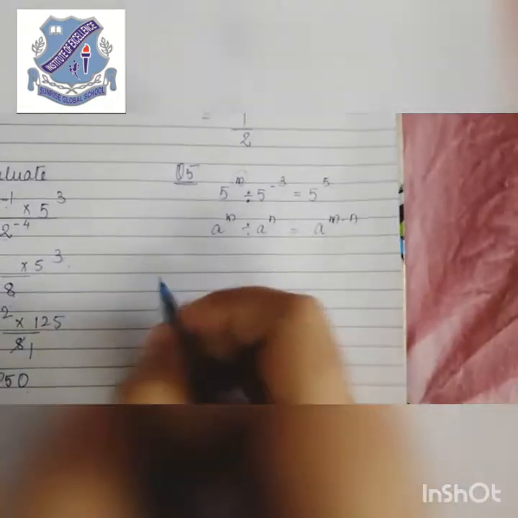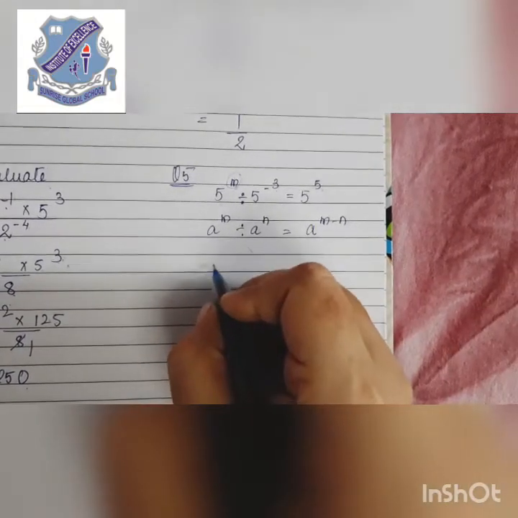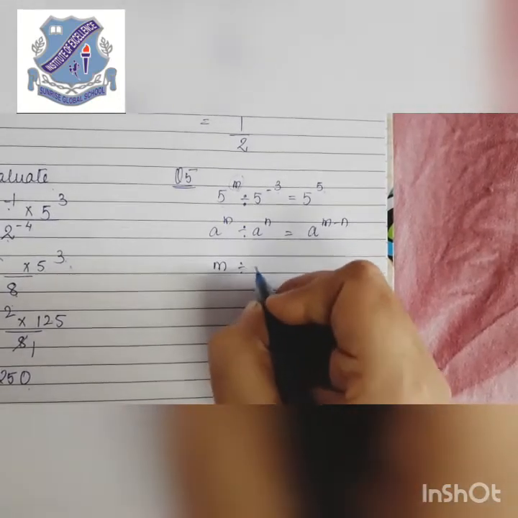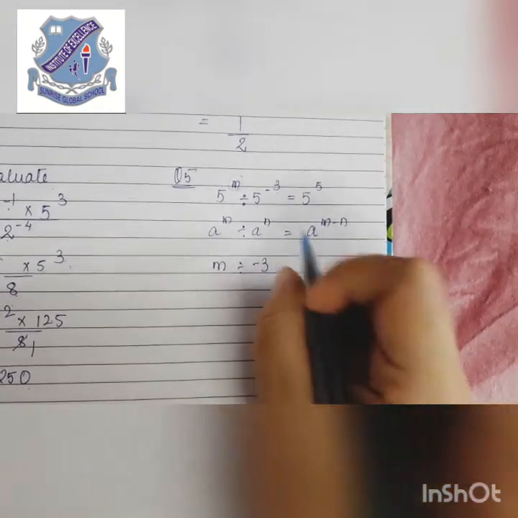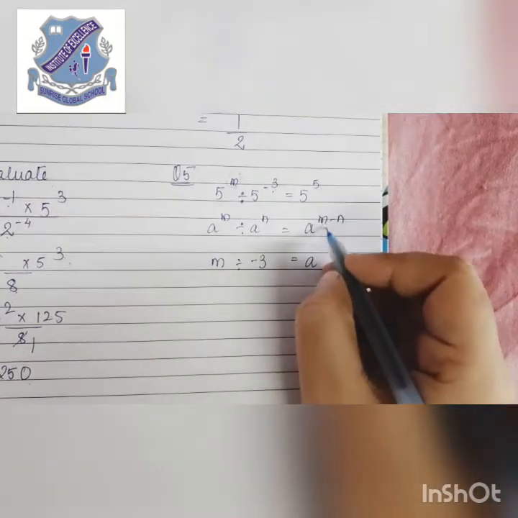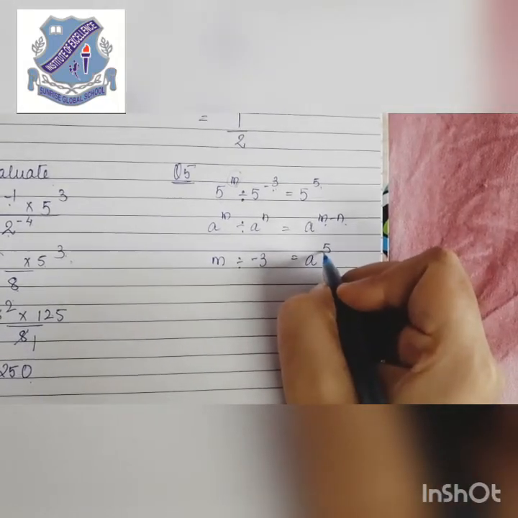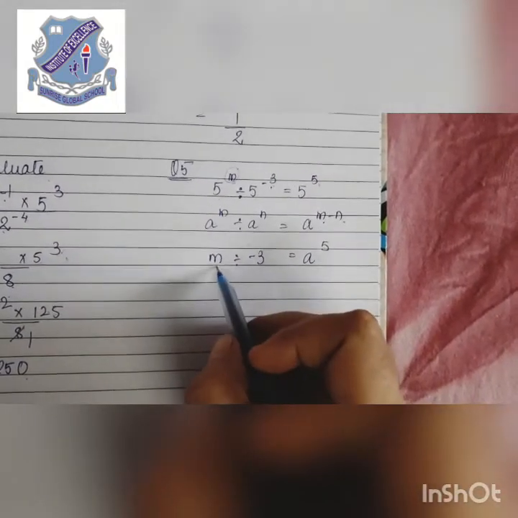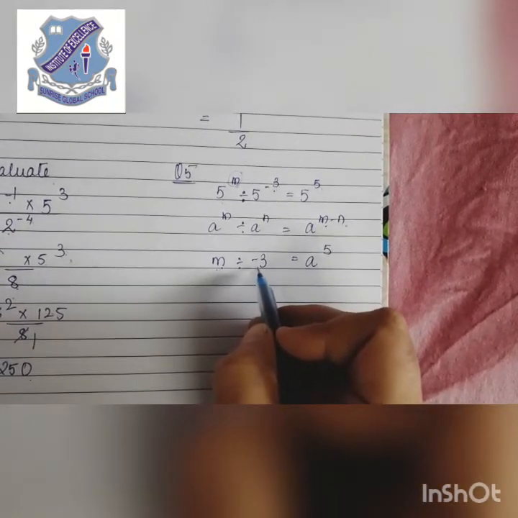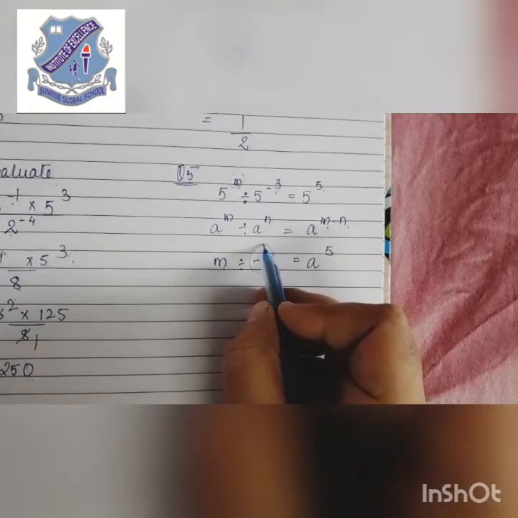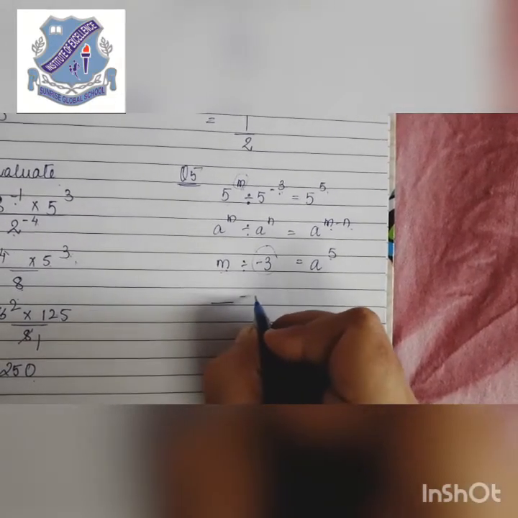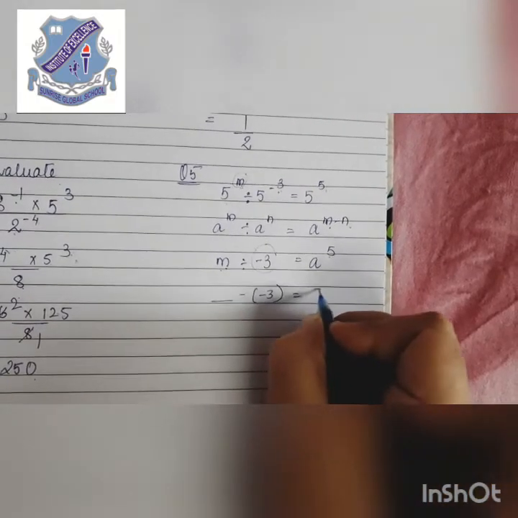So similarly, putting into this equation, that is m which is missing for us, when divided by n, that is minus 3 over here, will give the answer a raised to power m minus n, that is 5. So you can see that whatever is missing over here is what we have to deduct from minus 3 so as to get the power 5.